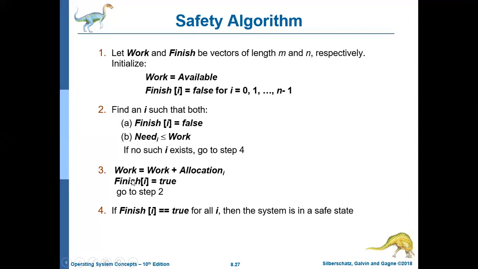In the third step, work is equal to work plus allocation of i. Then we need to check whether we have executed all the processes or not. If we have not executed all the processes, then we need to repeat these steps again and again. What are these steps? You need to check again for another process. Then we need to check again the need with respect to work.